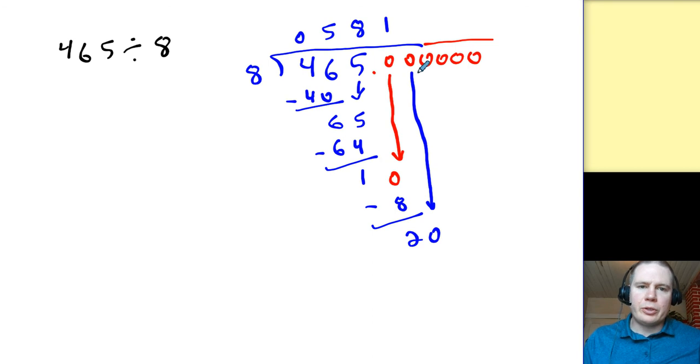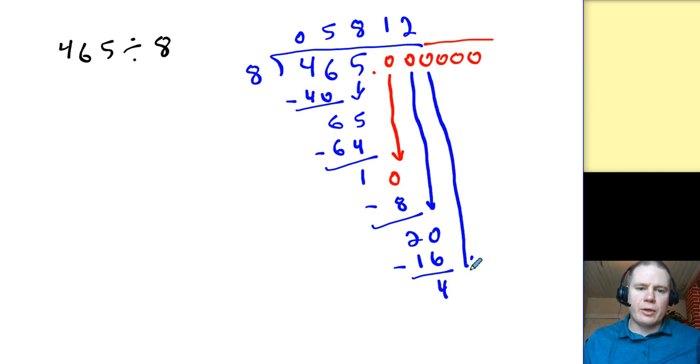8 goes into 22 times. 8 times 2 is 16. Bring down the next 0 because I have a remainder. 8 goes into 40 5 times. 8 times 5 is 40, and I'm done. Well, I had to use 3 of these zeros. I really had to multiply by 10 3 times.